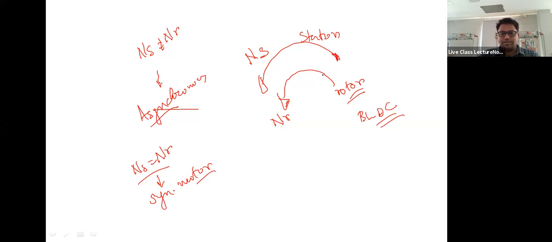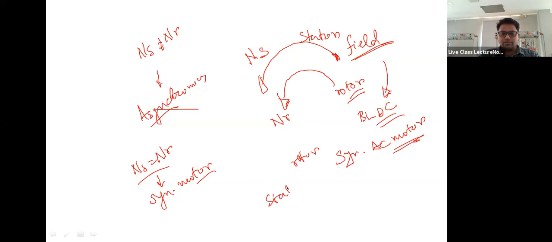The stator field, the magnetic field, is trying to follow the rotor motion. So this is also a synchronous AC motor, but the rotor is not trying to follow; the stator is trying to follow the rotor.